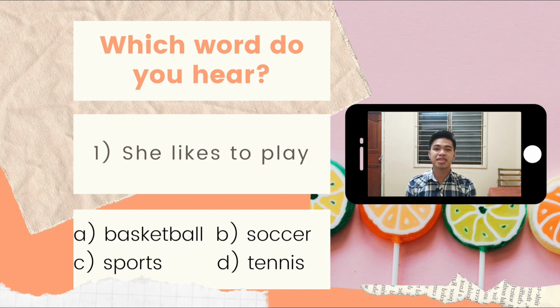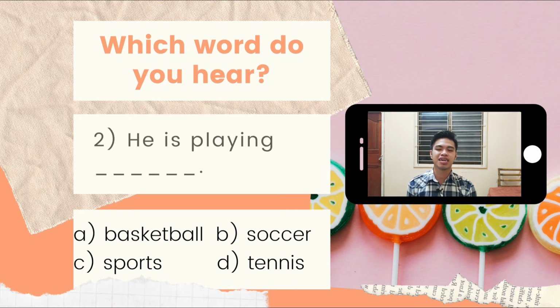Number 1. She likes to play sports. Okay, what is it? Is it A, B, C, or D? Good job! The answer will be letter C. She likes to play sports.